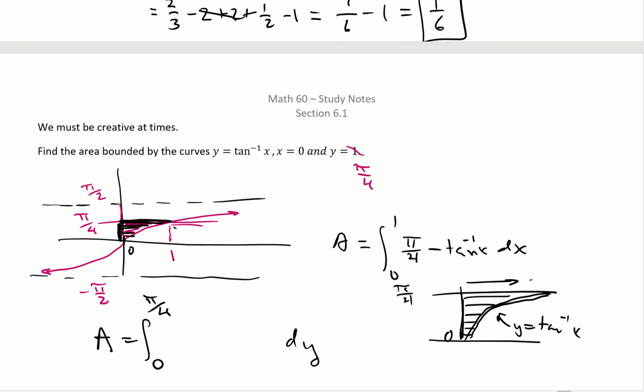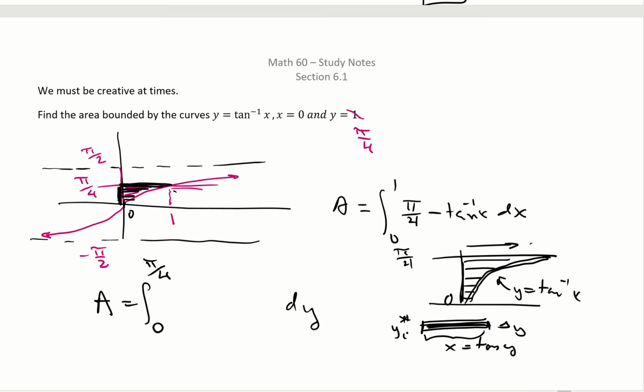You've got these rectangles, and say you pick a y sub i star, you've got your delta y, that's the thickness, but then you have to figure out how tall the rectangle is. Whatever y is, this is the x, horizontal direction, and it's equal to, turn it around, tangent of y. I have to actually write x in terms of y.